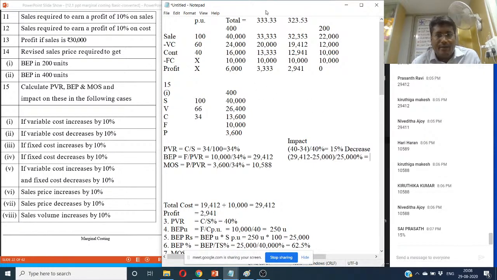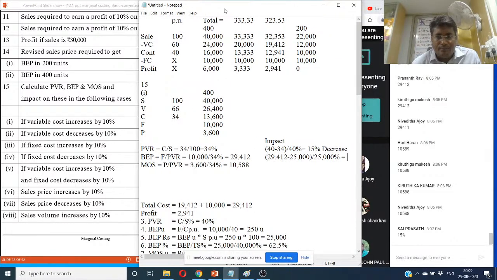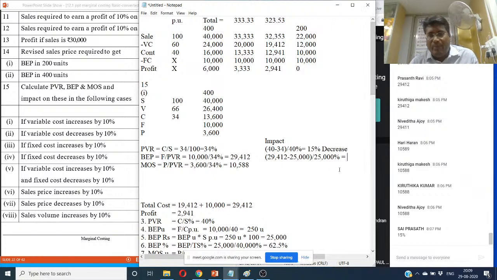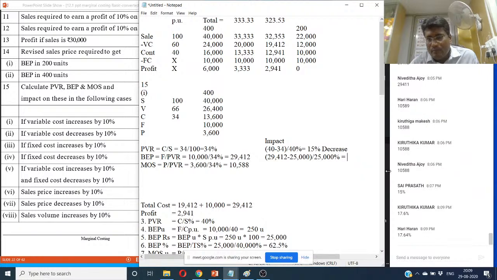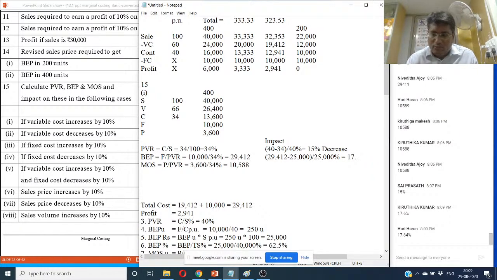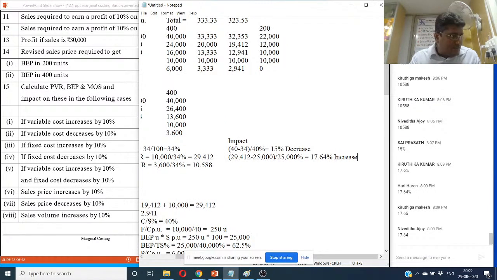You can calculate in total value, or in per unit basis also, but the revised BEP percentage is totally different. 4,412 divided by 25,000 in percent is 17.64%. Increase. If the BEP is increasing, it means that it's adverse for you. It's not a favorable situation.